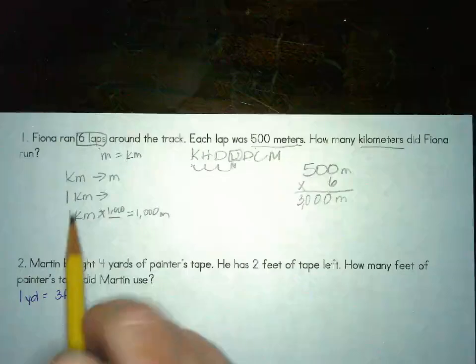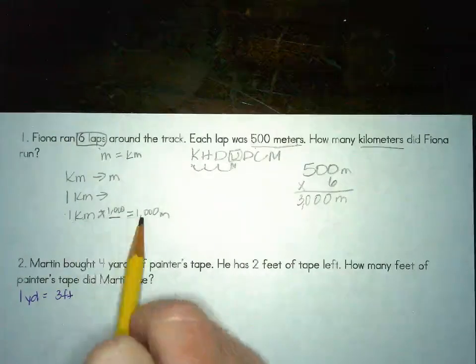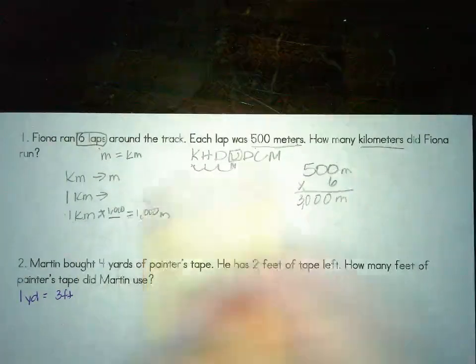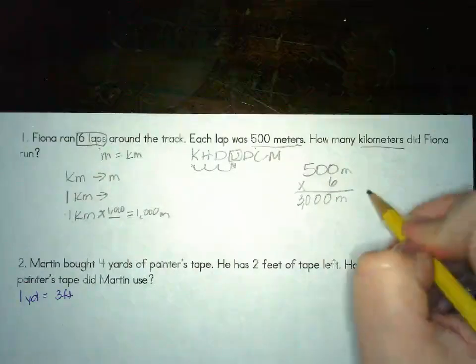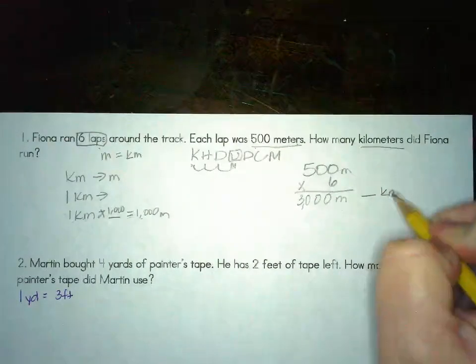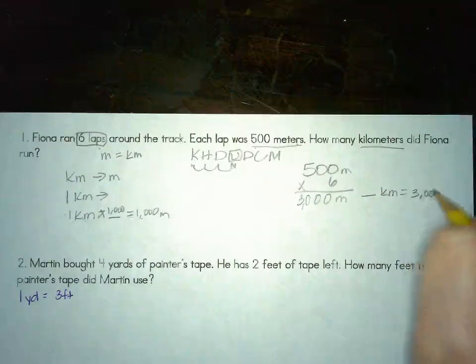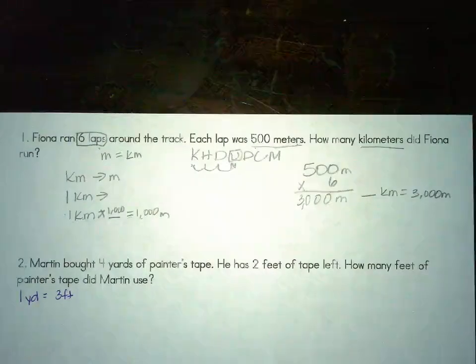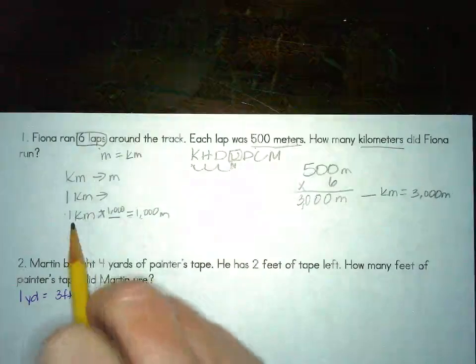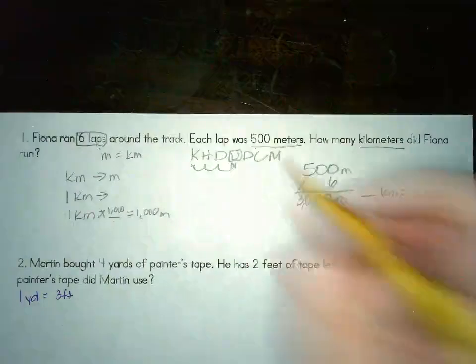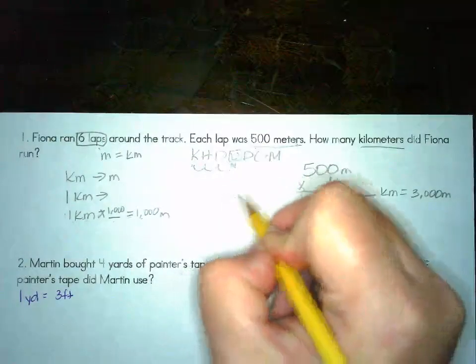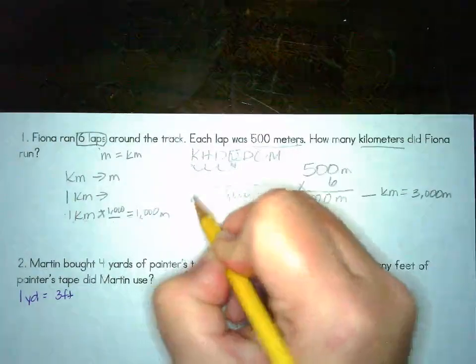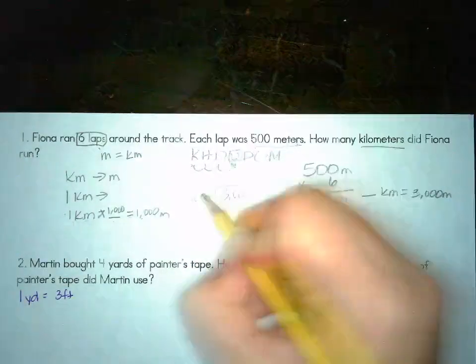Well, if I go back to this, 1 kilometer equals 1,000 meters, then I need to figure out how many kilometers equals 3,000 meters. Well, if 1 kilometer equals 1,000 meters, I'm going to divide 3,000 divided by 1,000.